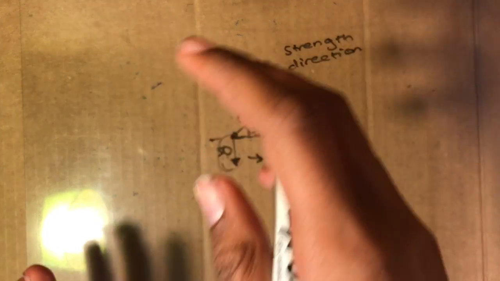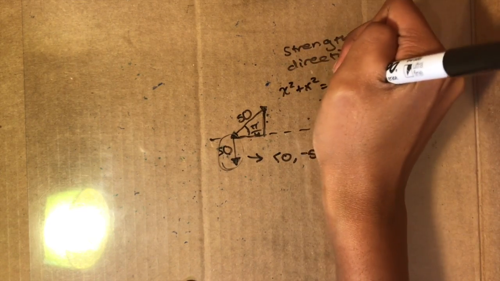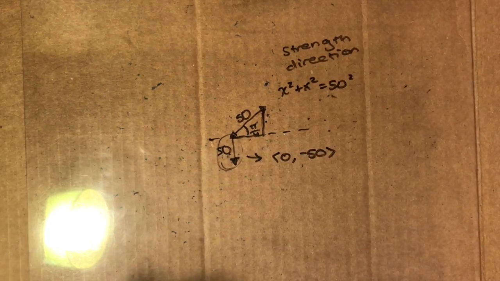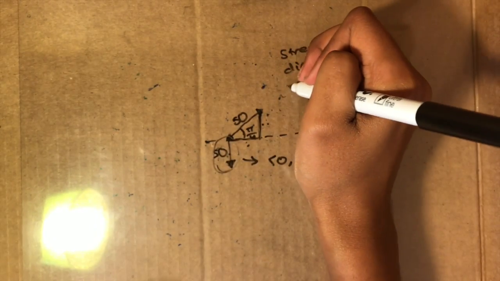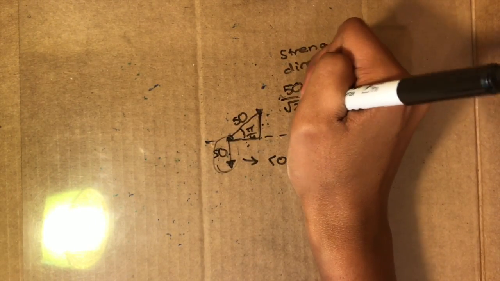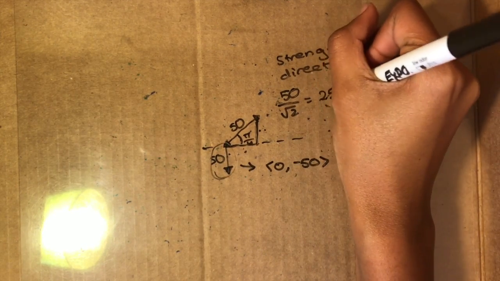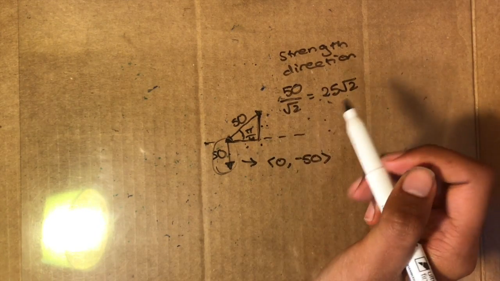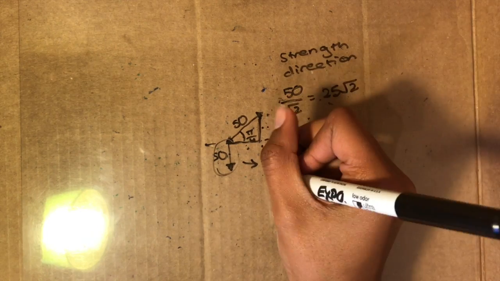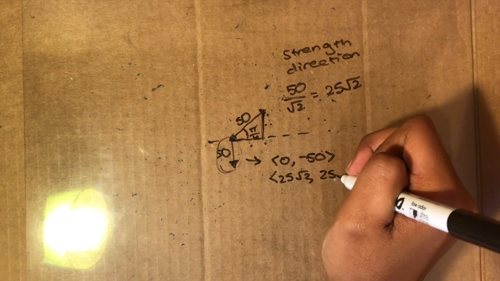And you can either use the Pythagorean theorem here with x squared plus x squared equals 50 squared, or if you just know the identity that this should be a 1, 1, root 2 right triangle, then you would be able to find out that this is 50 over the square root of 2, which is equal to 25 times the square root of 2. So it is going across 25 times the square root of 2 units. It's also going up 25 times the square root of 2 units. So that's 25 root 2, comma 25 root 2.